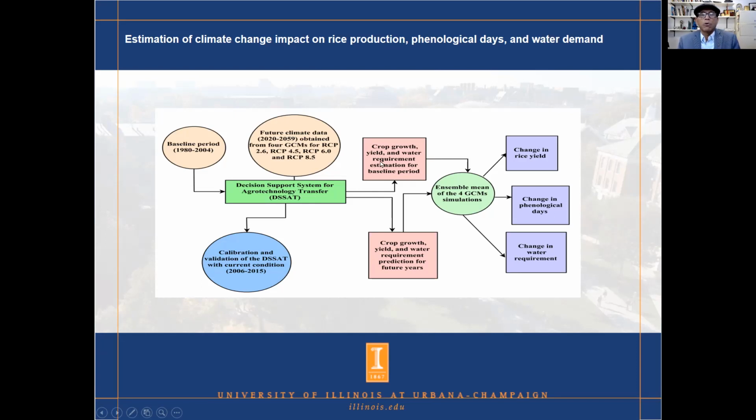Along with the crop growth and other information from the agronomic point of view, we worked with 4 different global climate models. And for each of the global climate models, we also worked with different severities of change: mild, moderate, high, and extreme climate change scenarios.